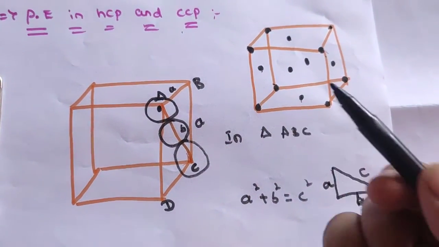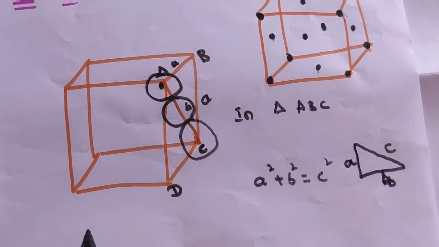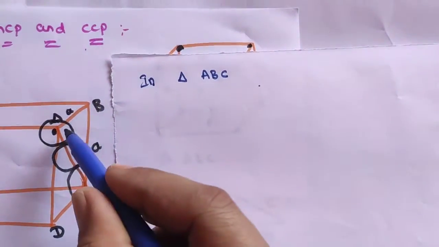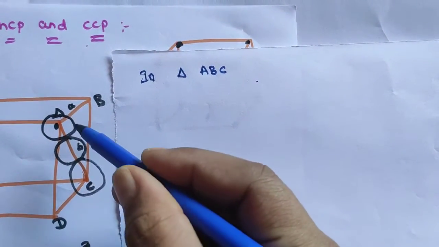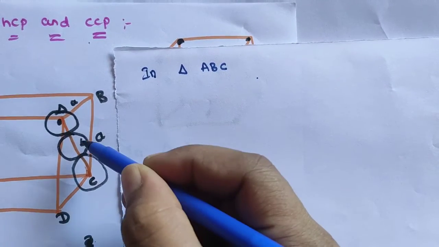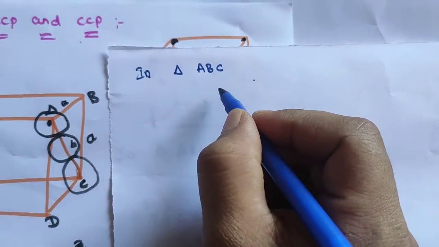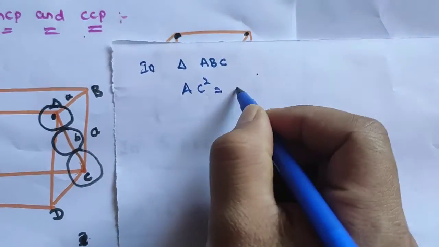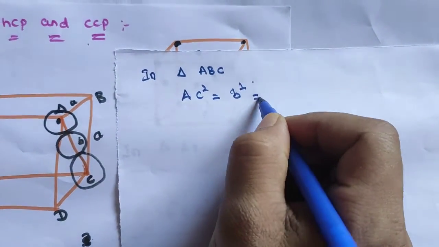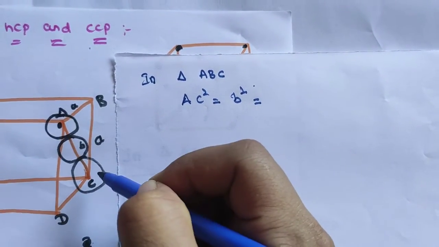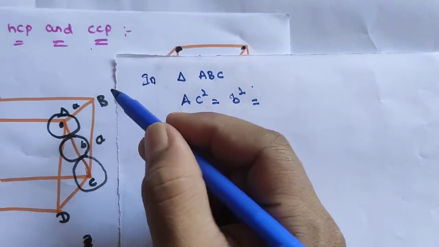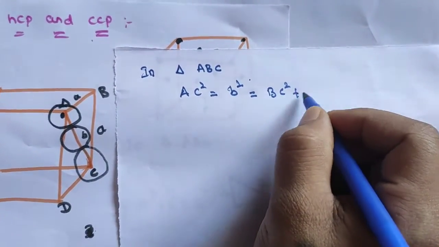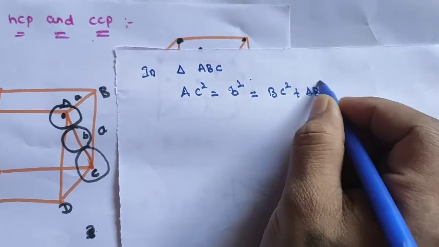What will happen here, just you can see, in triangle ABC: AC square is equal to BC square plus AB square.